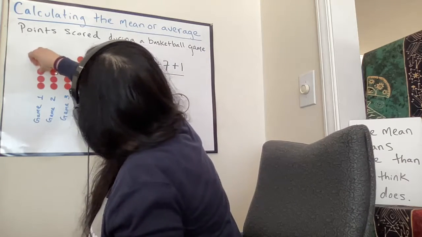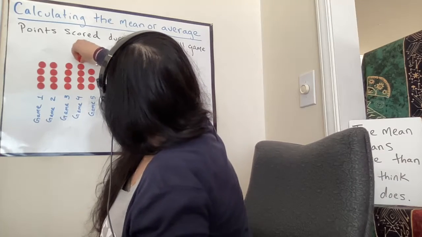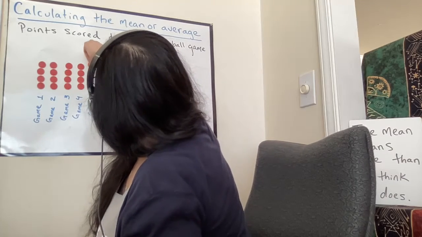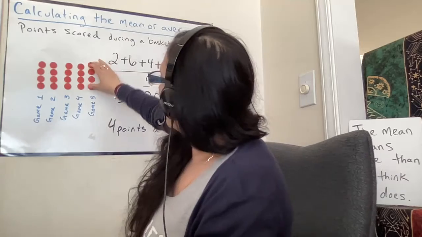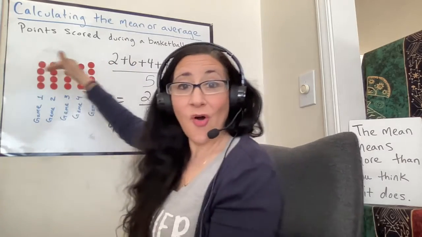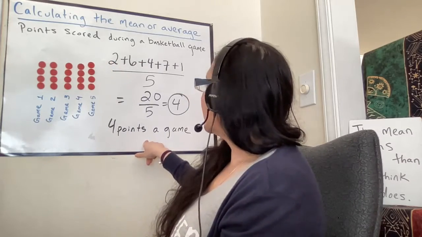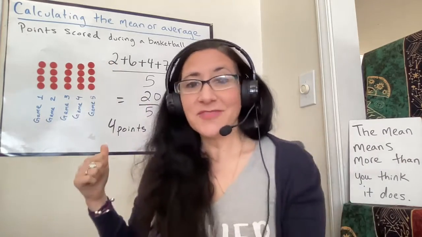So I'm just going to move them until I have an even playing field here. If you notice now, each game has 4 points and they're all the same amount, right? So that's representing these 4 points. That's what's happening when we do the division.